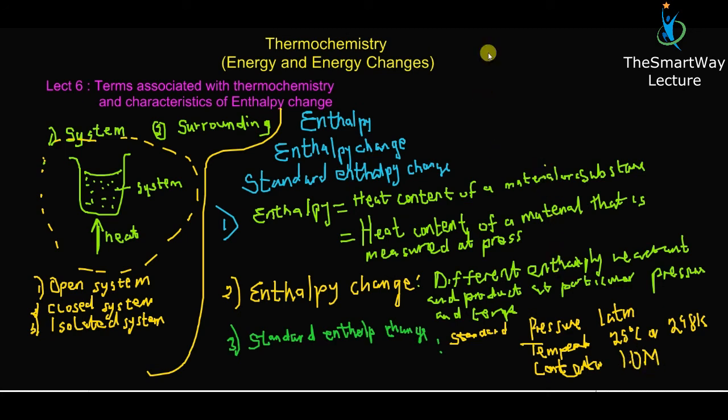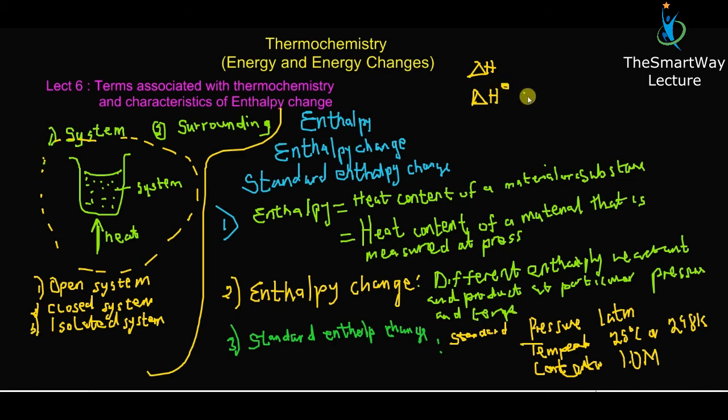Now just as I said, the symbol for the enthalpy change is this. So please keep that in mind. And then the standard enthalpy change is indicated by this dot on top like this, and then there's a cross here.